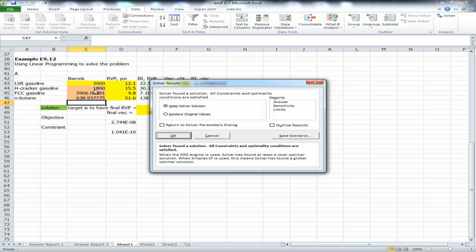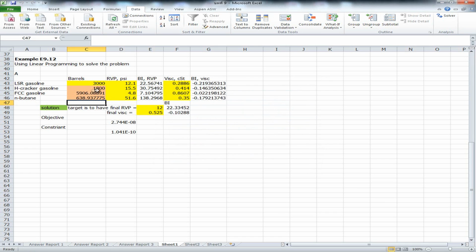See that in case we do have hydrocracking gasoline, we also can increase the amount of the products. I think this is quite useful, so you can play around with the Solver.